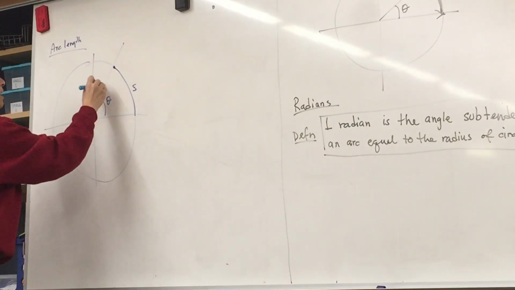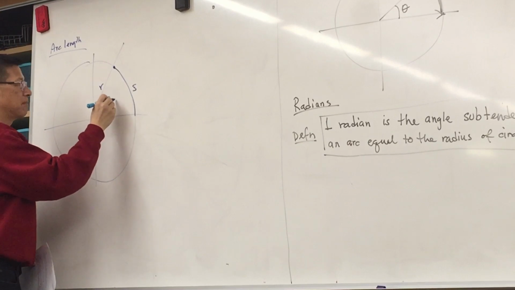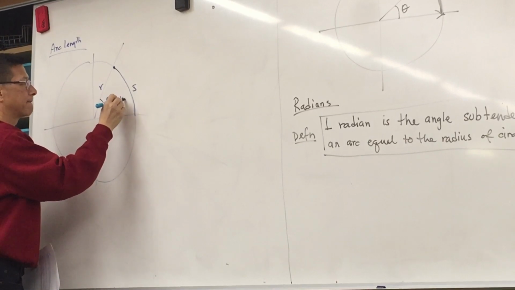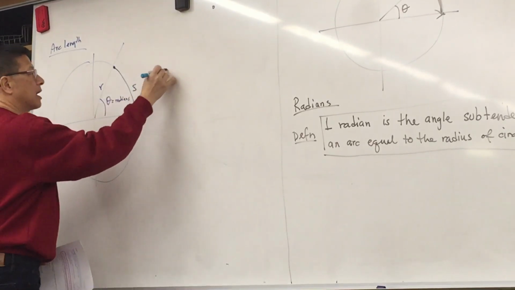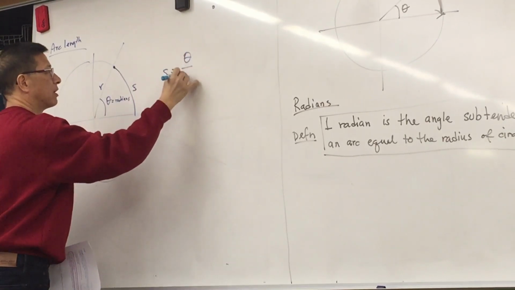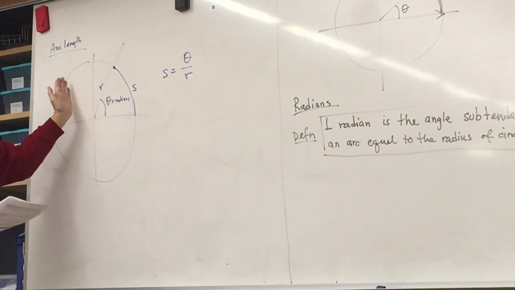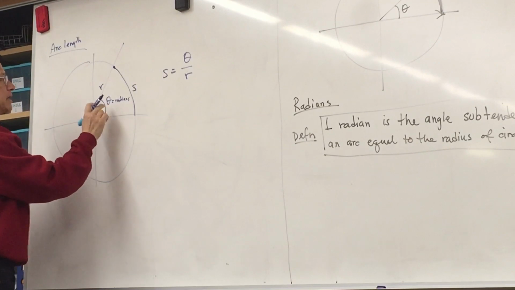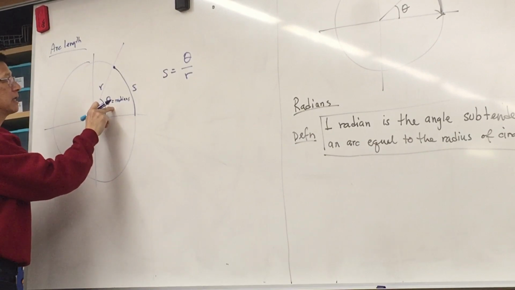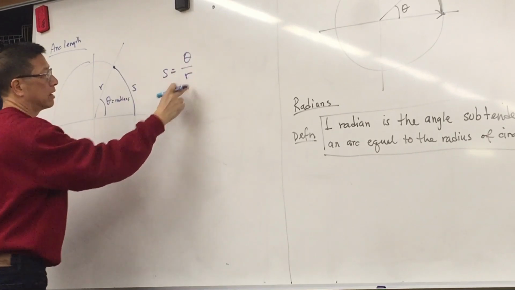So if this is R, the radius, and this is measured in radians, then the arc length S is equal to theta over R. Okay, so basically, how many radians did I go through? So if this was 1 radian, then the arc length here is 1 over R.